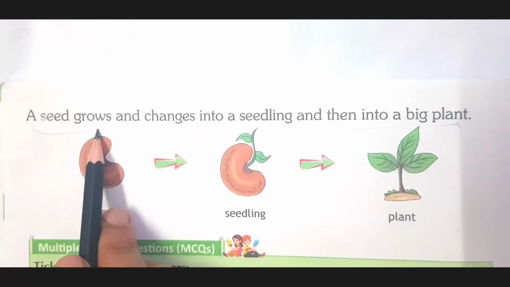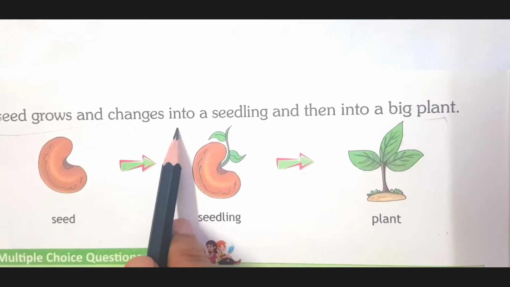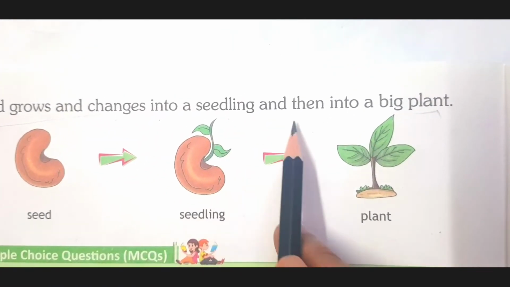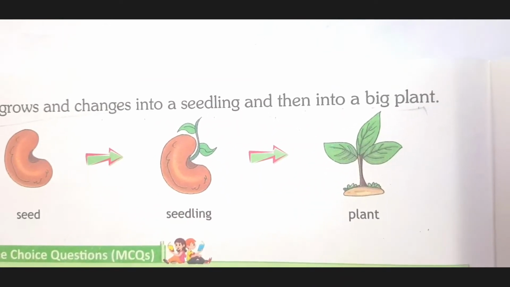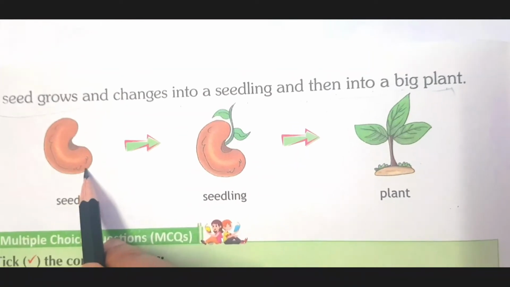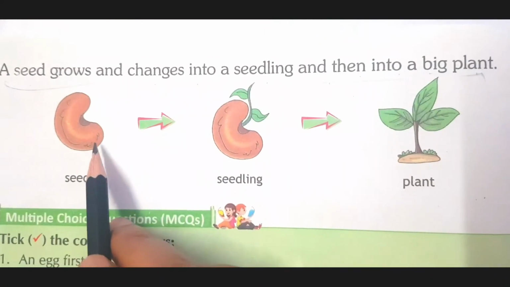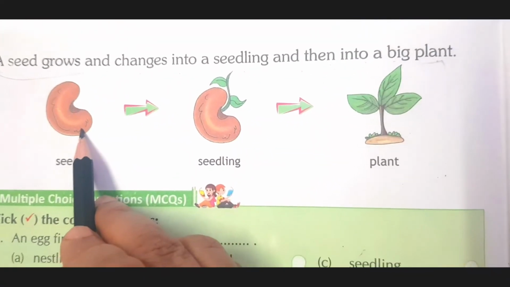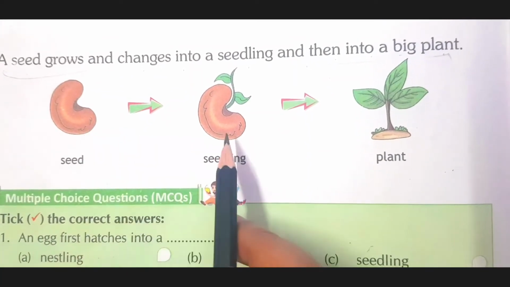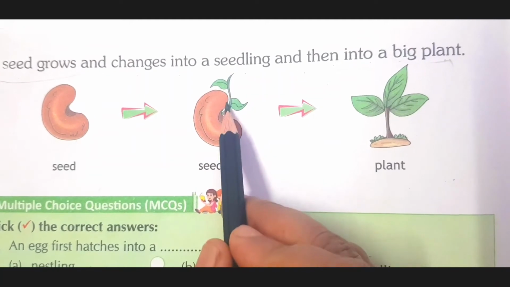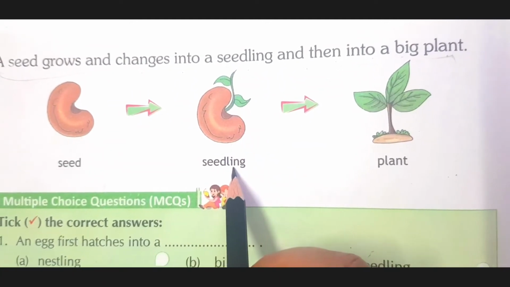A seed grows and changes into a seedling and then into a big plant. Even a seed, children, when you sow a seed in the soil and water the seed, and if you give sunlight to the seed, if the seed gets air, sunlight and water, it grows into a seedling. A small baby plant is called a seedling.